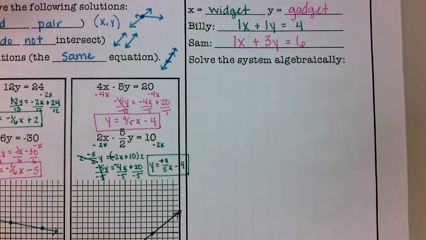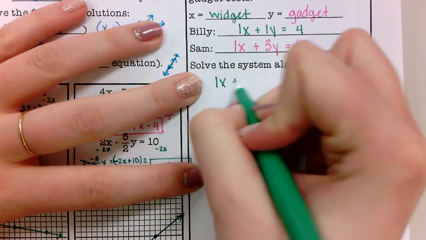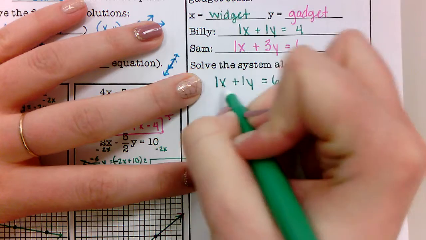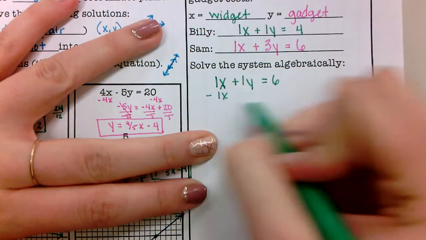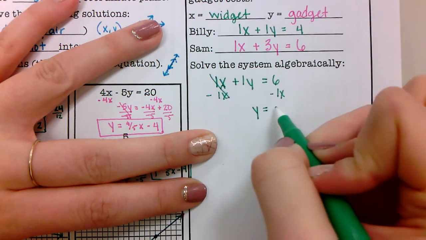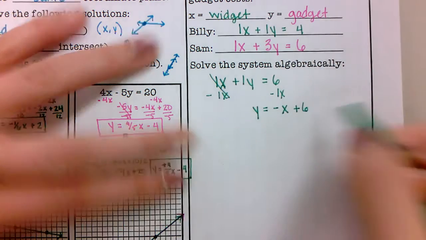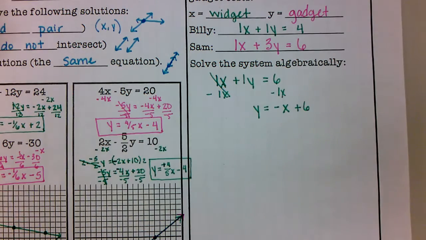It's really neat how you can do this. So if we have 1x plus 1y equals 4, and I say solve for y, let's get y by itself. Move this over here. So we now have y equals negative x plus 4, and I just took those ones away because we don't ever need them.